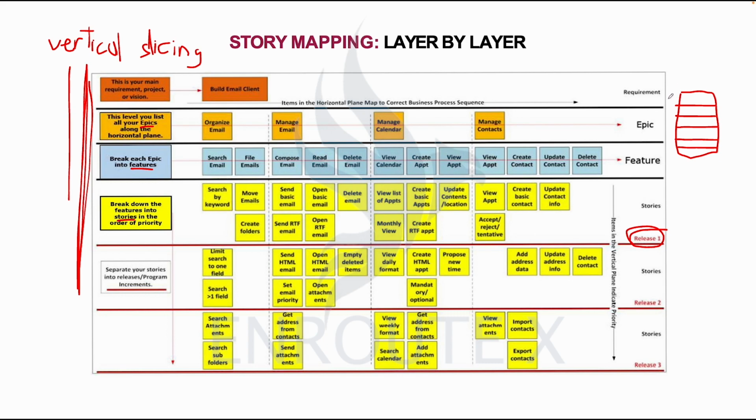If you decide to cut this cake this way, that's horizontal. Meaning if you cut this way, you take this portion off. What would happen if you do that? The person who eats this portion would only taste one flavor, will not have the benefit to taste the other flavors.